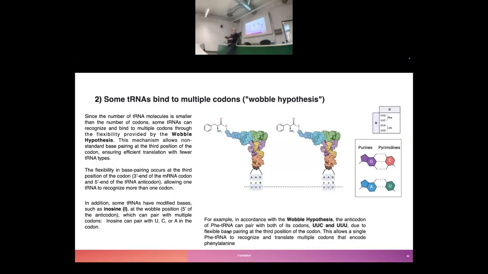So the wobble mechanism means that for the missing tRNA, where there are no tRNA with some of the anticodons, the solution comes from this wobble hypothesis, meaning the interaction is stable enough to allow for the reaction with the peptidyl center.